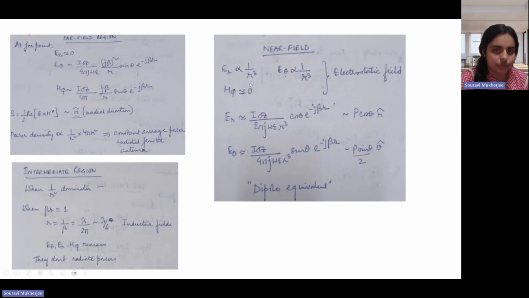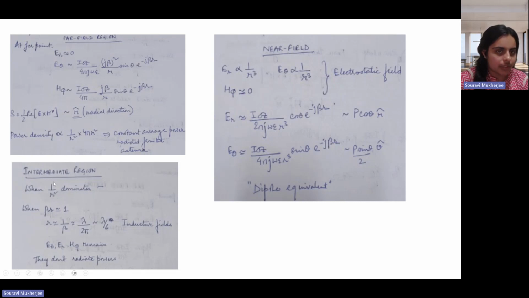So it's negligible. It's approximately an electrostatic field that you experience very close to your antenna. Okay. And there can be an intermediate region where 1 by r squared dominates. So in far field, 1 by r dominates. In near field, 1 by r cube dominates. But in the intermediate region, 1 by r square can dominate.